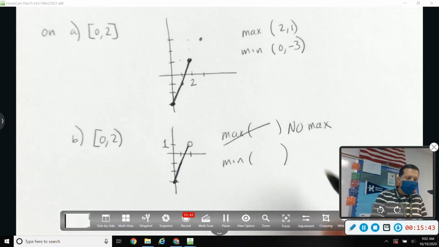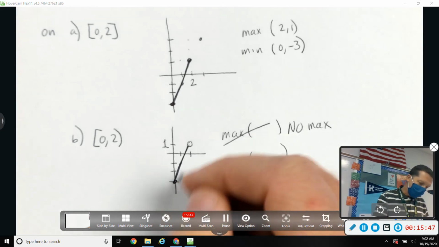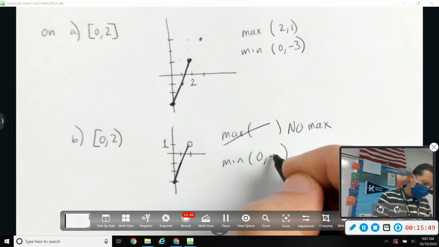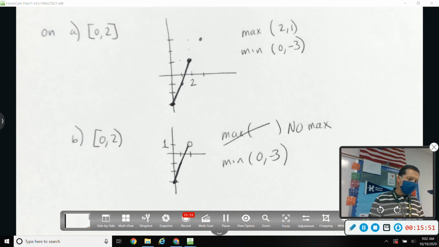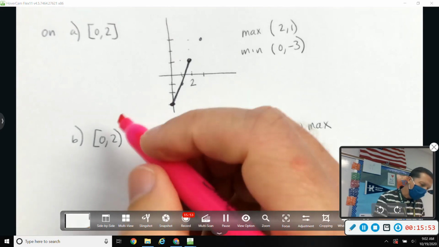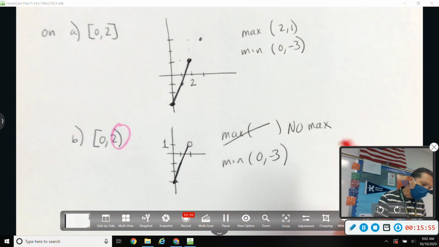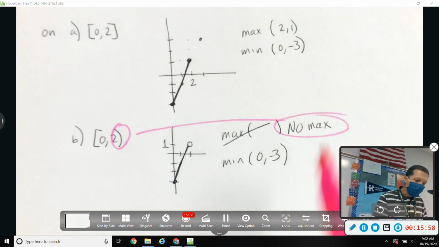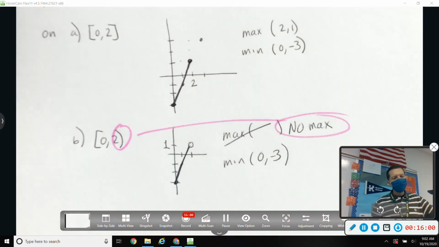And so there's no way to say what the absolute max is. Absolute min's at (0, -3). So I'm not going to do C and D. The big thing for that is if you got an open circle at one end, you better be careful because you may not be able to get to the max or the min.